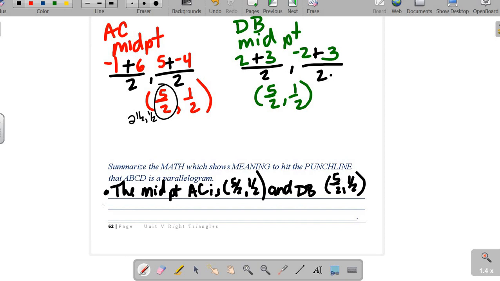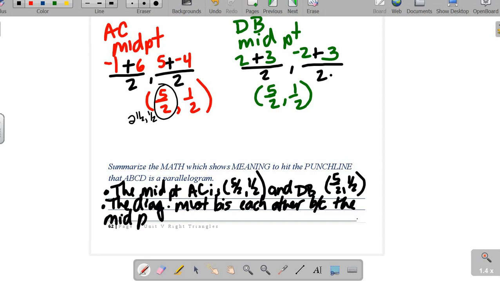Meaning, the diagonals must bisect each other because the midpoint is the same both ways.